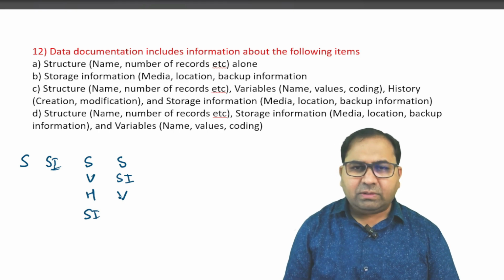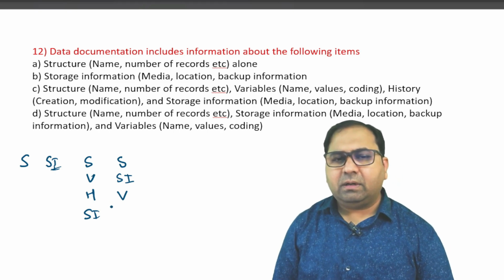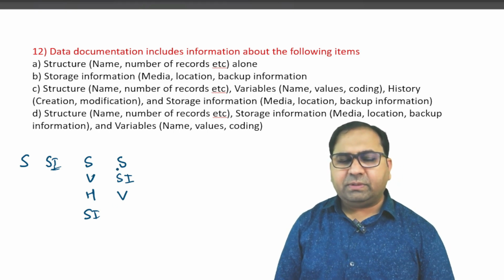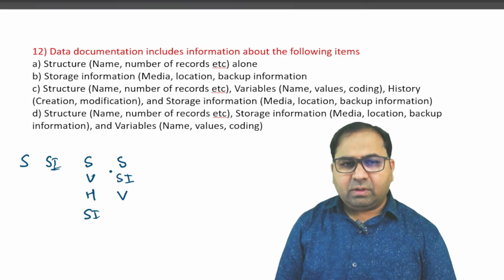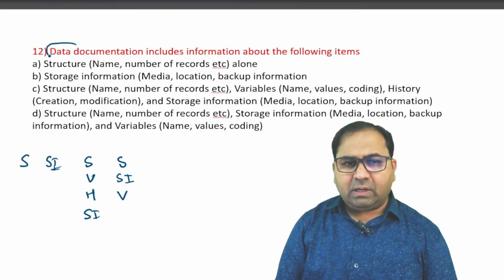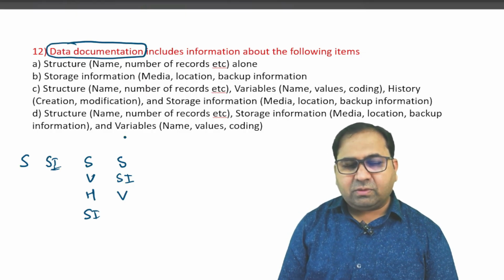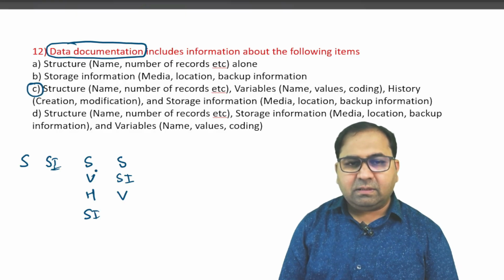It is a very confusing question because the number of options is more. So what does data documentation include? The answer for this question is option number C, that is structure, variables, history, and storage information.